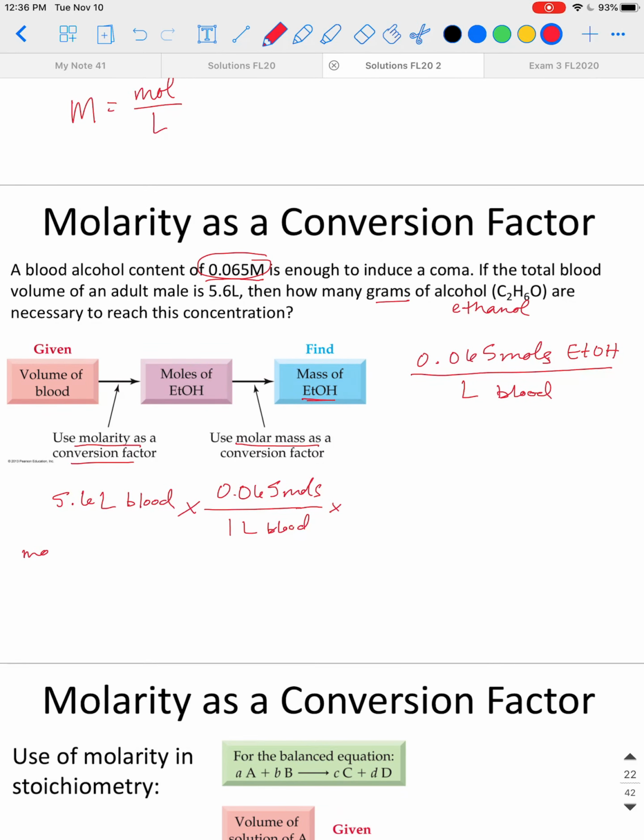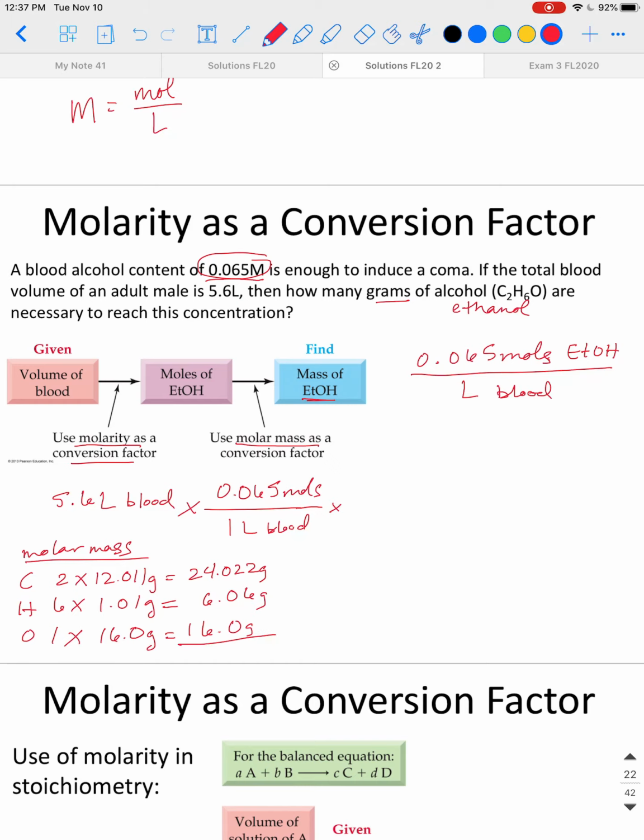You could look it up really quick, or we could just calculate it. Molar mass of ethanol: we have carbon, we've got 2 of them, so 2 times 12.011 grams is 24.022 grams. And hydrogen, we've got 6 of them times 1.01 grams, so that should be 6.06 grams. And oxygen, we've got 1. I'm going to use 16.0 grams, so that is just 16.0.